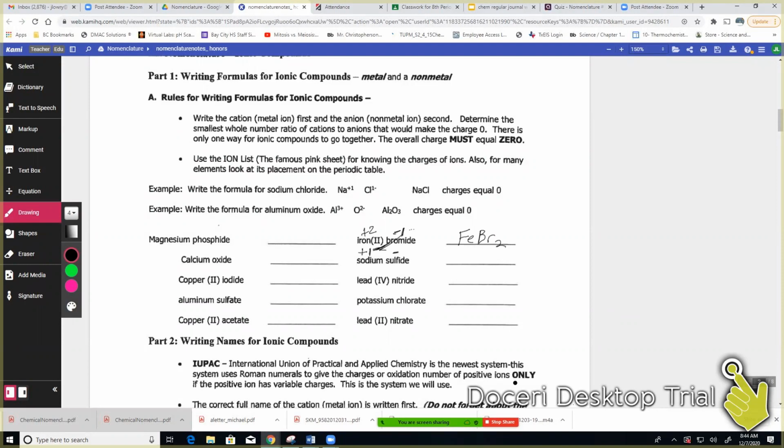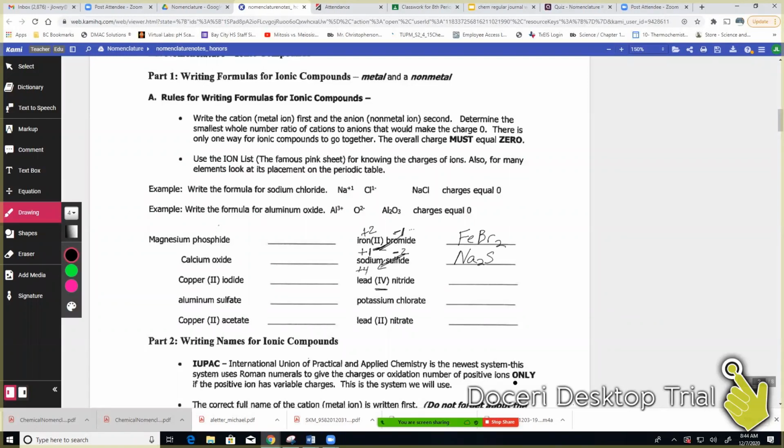+1 and -2. So I would have Na, what would the subscript be? 2. And then S1, but we don't write 1. So it would stay like that. This is a Roman numeral for 4.